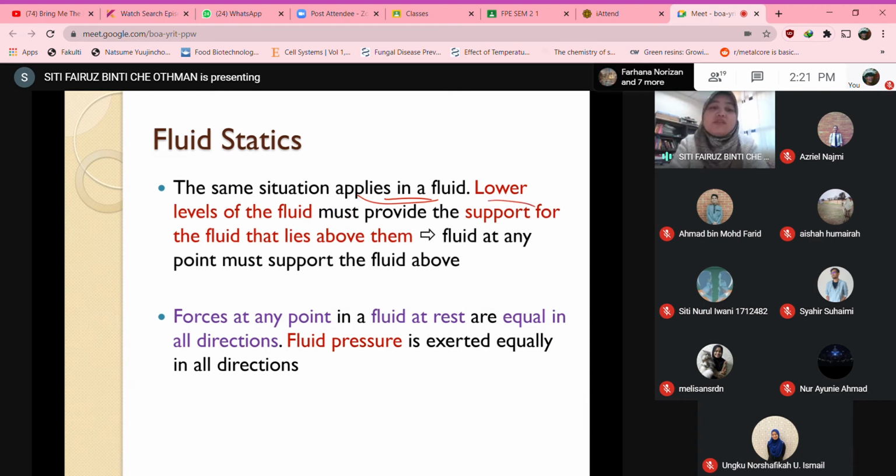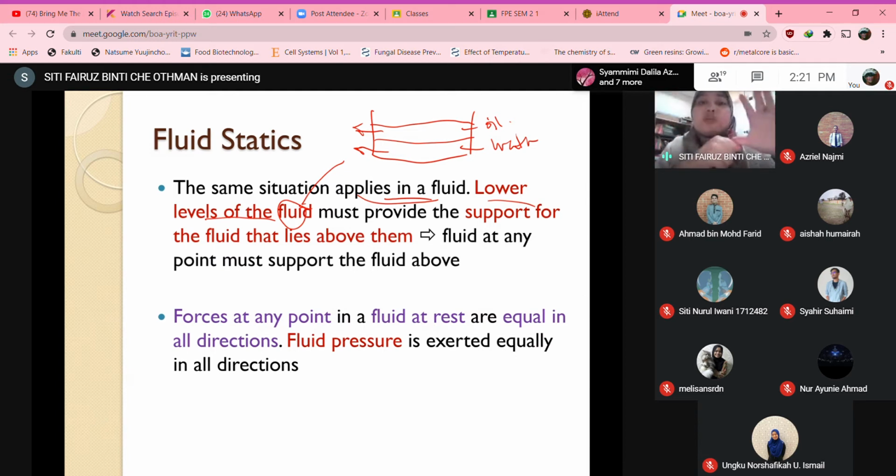The lower levels of the fluid must provide support to the fluid that lies above them. Sometimes when you deal with raw materials, your fluid is not only one kind of fluid. Sometimes it could be water, sometimes it could be oil. These two have different properties and different densities.